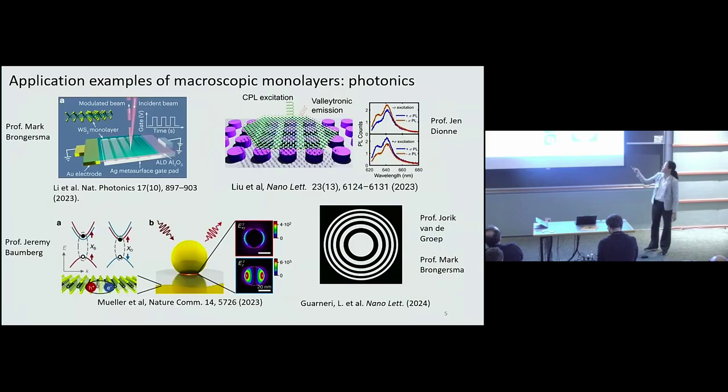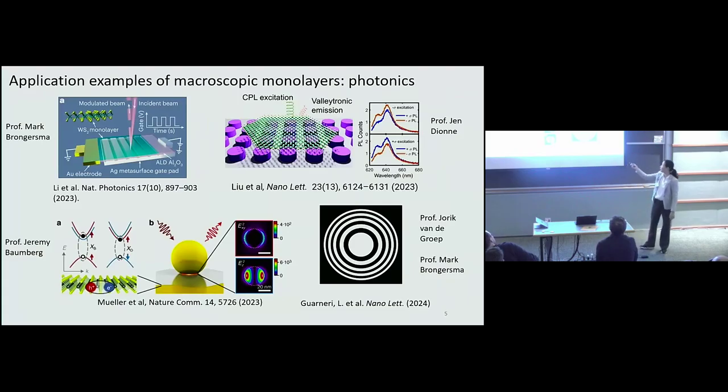All of these enhance the light-matter interaction so that we can tune the output light, switching it on and off with a gate voltage, or enhance the spin-valley polarization in the emitted light, or build them into a cavity and try to light up some PL transitions which you cannot see in just an isolated monolayer. And of course, you can also use these large area monolayers as a material to directly write photonic patterns on top of it.